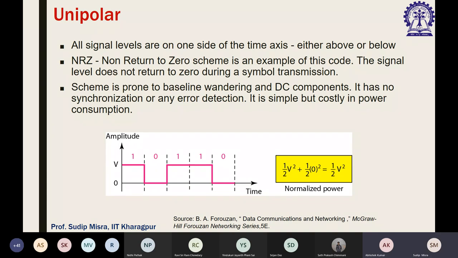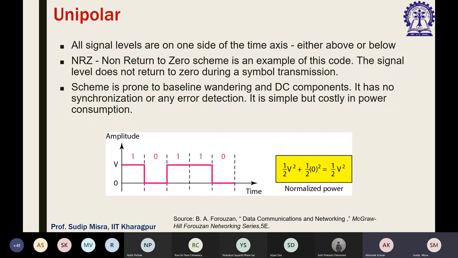This shift from the running average of received signal power, which is the baseline, is called baseline wandering.